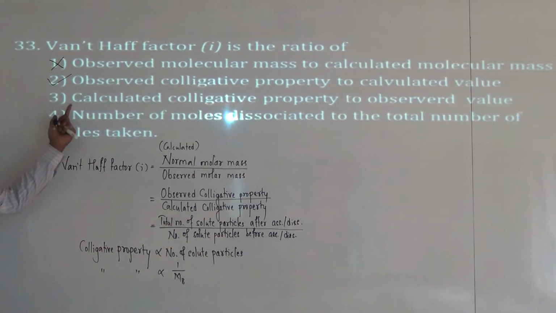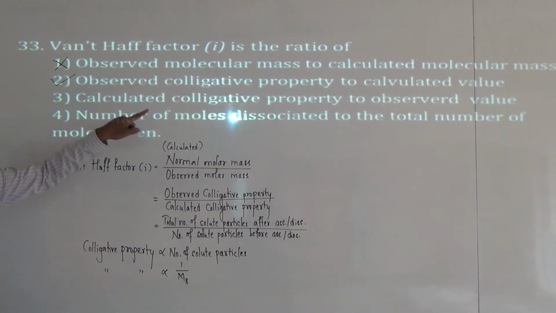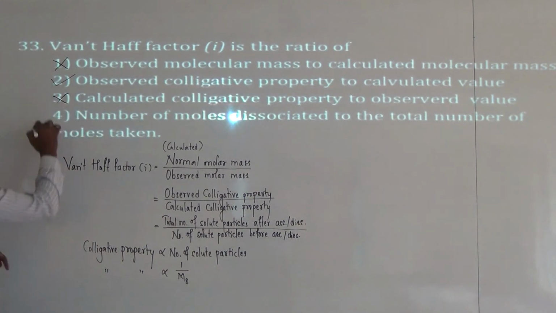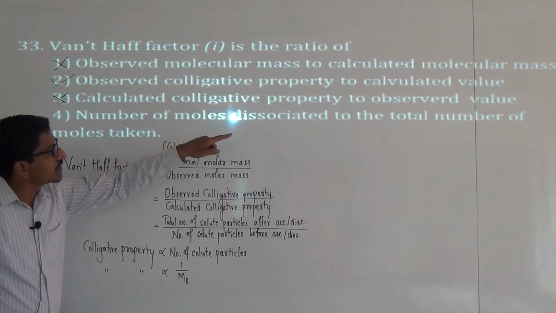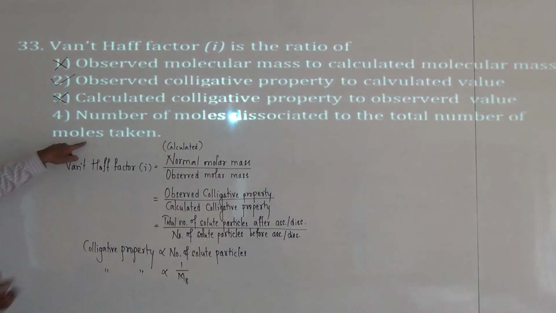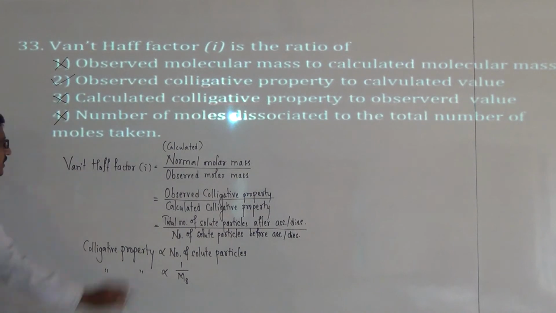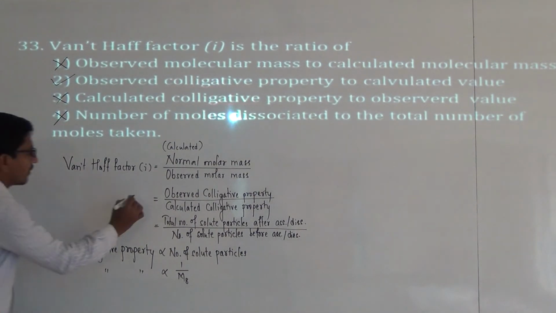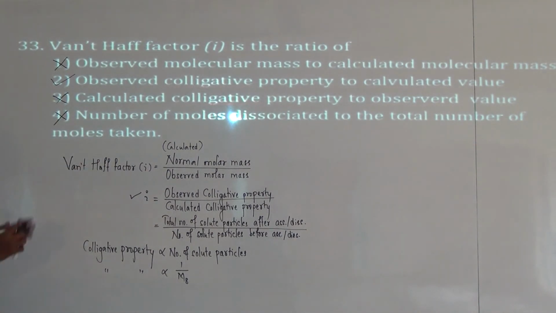And third one is calculated colligative property to the observed. This one is also wrong. And fourth one, number of moles dissociated to the total number of moles taken. That is, number of moles means number of particles we have to consider. And the second option is the right one. So i is equal to the second one is the right answer for this question.